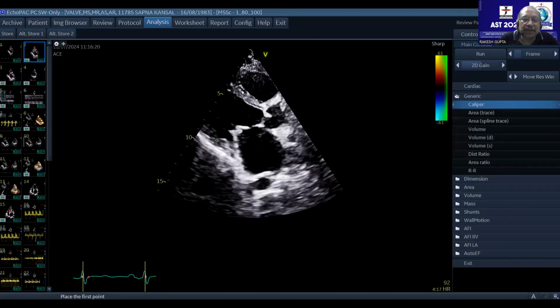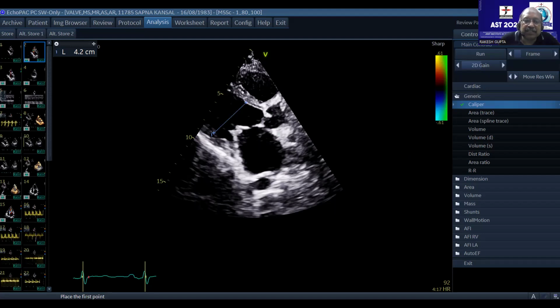We take a caliper and look at the distance between the posterior wall over here. This is the posterior wall thickness. So this is the posterior wall over here, and this is the interventricular septum. This is 42. And if the body surface area is about 1.7, it will come out to 25 millimeter per square meter, or less than 32 millimeter in size.